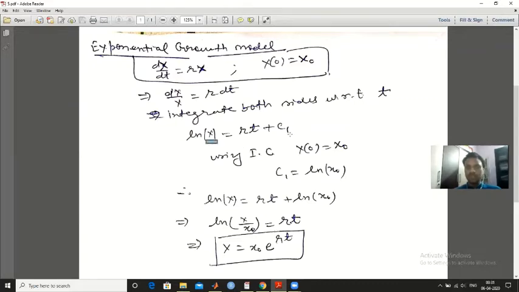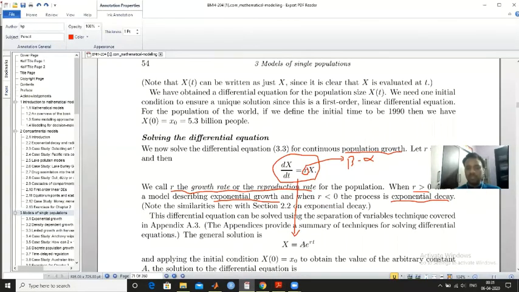Using the initial condition, if the population at time t equal to 0 is given as x naught, then c1 will be ln x naught. If you put the value of this, then the solution will become x is equal to x naught e to the power rt. We find x naught using the initial condition.